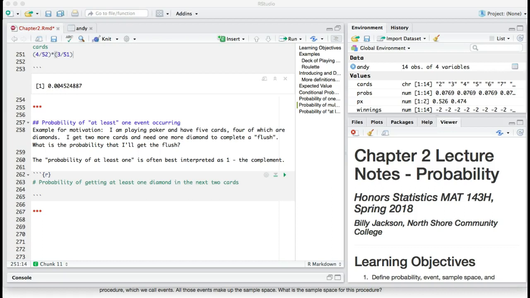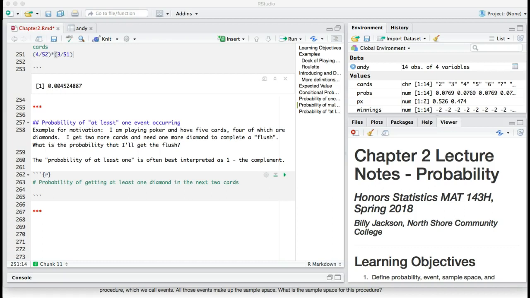And in general, these probabilities of at least one, or one or more satisfying what you want, can have even more possibilities than just this simple one. Generally speaking, the probability of at least one is best interpreted as 1 minus its complement. So instead of thinking about what's the probability that I get 1 diamond or 2 diamonds, the best way to think of it is, what's the probability that I don't get any diamonds?